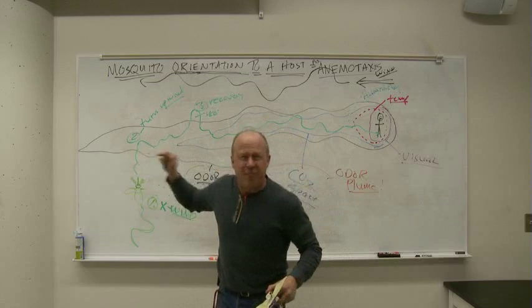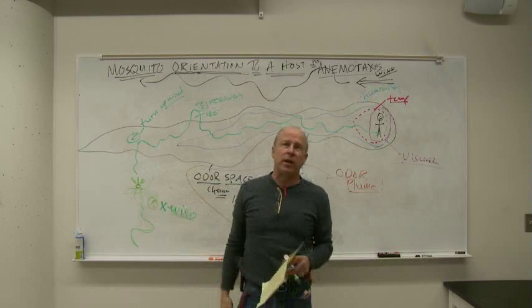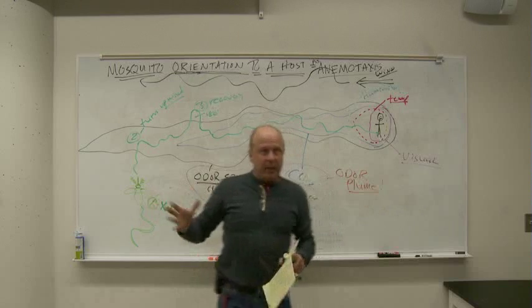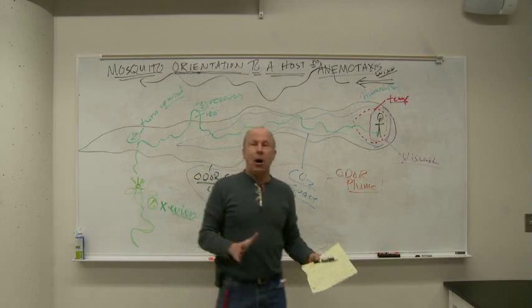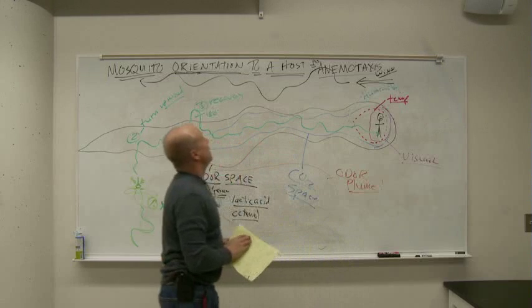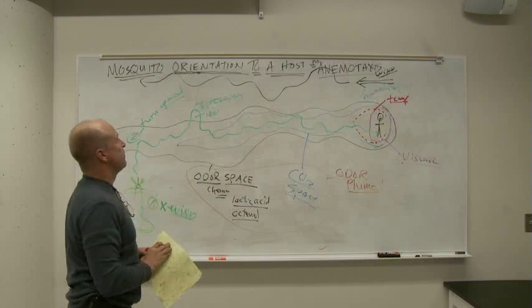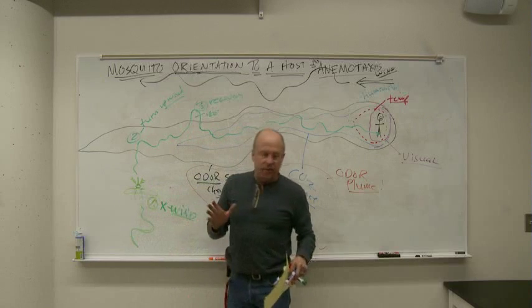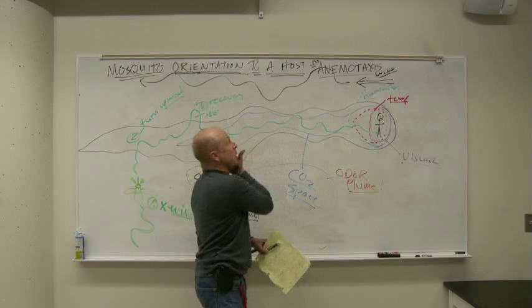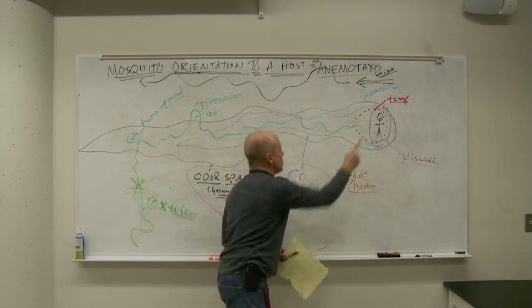Mosquitoes are on the beat and finding you in nature long before they can see you. It's about the chemicals being encountered by the receptors, organized, however, by the wind. So that's how mosquitoes find a host. It's a very complicated process. Now, here's a good segue. I want us to think about this phenomenon in terms of all of the responses.